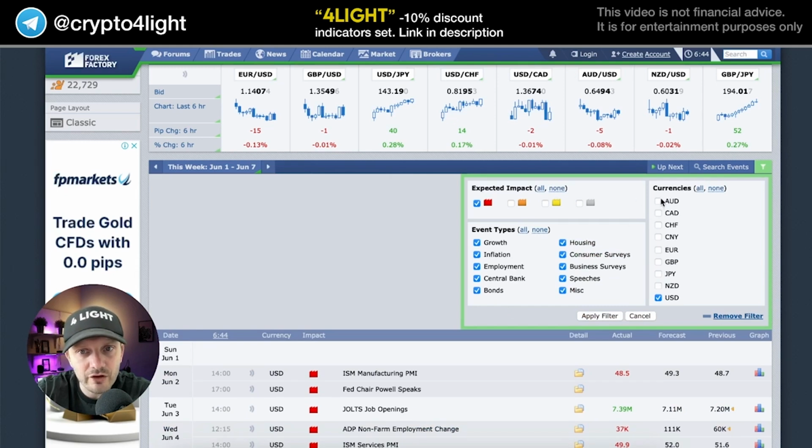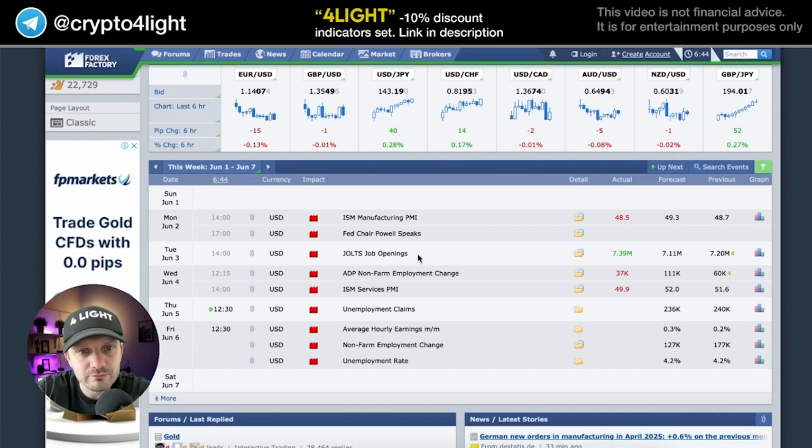Choose any of the currencies, the important ones, with expected impact on the price movement for today, and you know the exact time, in your time zone, not time frame, time zone, when we will see volatility. So something will happen with the candles when we see the JOLTS job openings report.